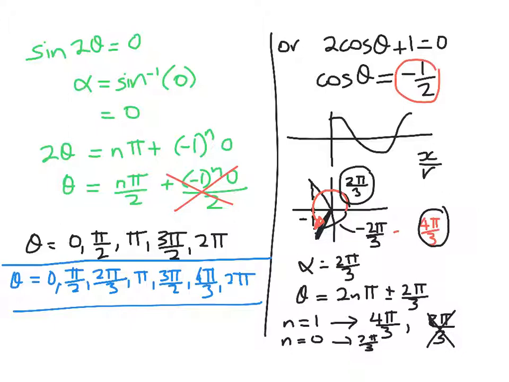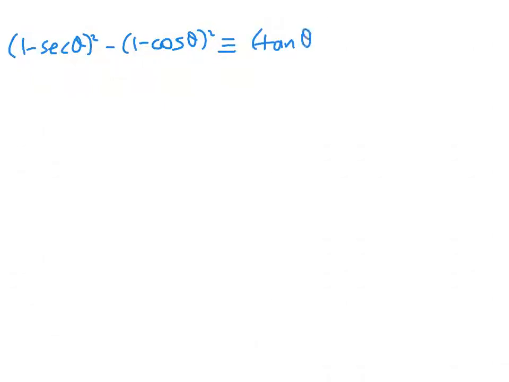Now the next one is the identity, and there are a couple of different ways to do that. So we're trying to prove that (1 minus sec theta) squared minus (1 minus cos theta) squared is always equal to (tan theta minus sine theta) squared.